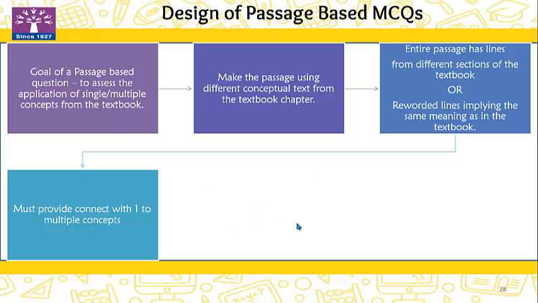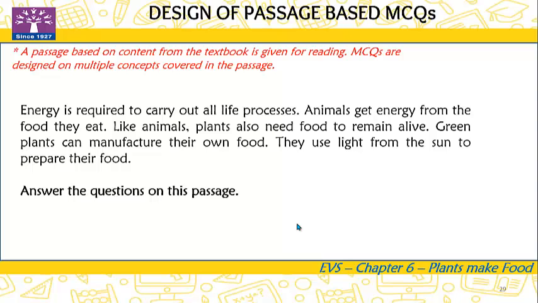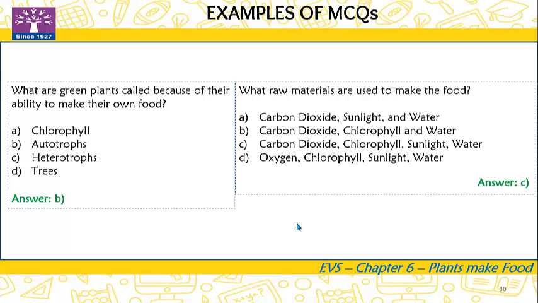Here is an example of a passage-based MCQ from the same chapter, Plants Make Food. The passage is given: energy is required to carry out life processes, animals get energy from the foods they eat, etc. So, this is a very short passage. But my questions that are based on that chapter are: what are green plants called because of their ability to make their own food?